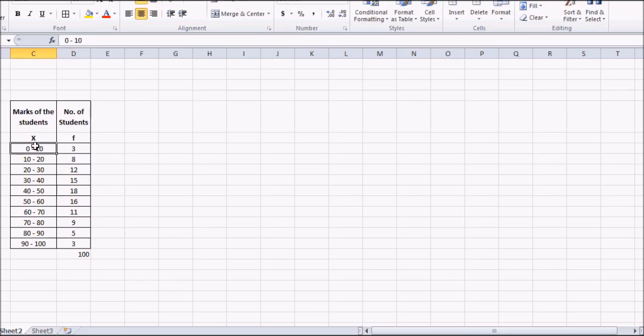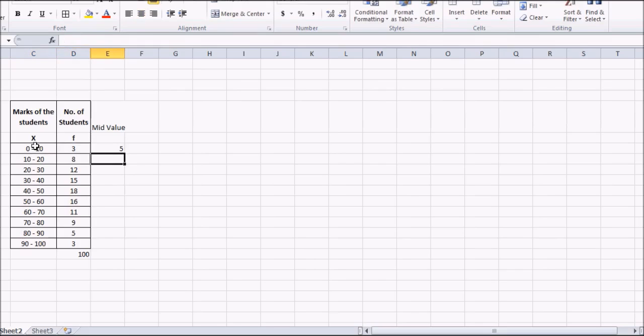In this case, what we do is we take a representative of each class, and again that is the central value or the mean. So if we take the mid value, the central value of this class, it is 10 minus 0 divided by 2, which is 5.